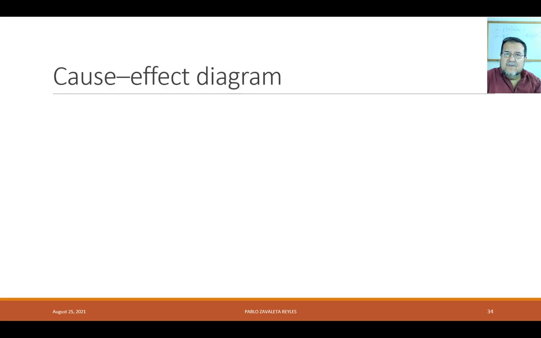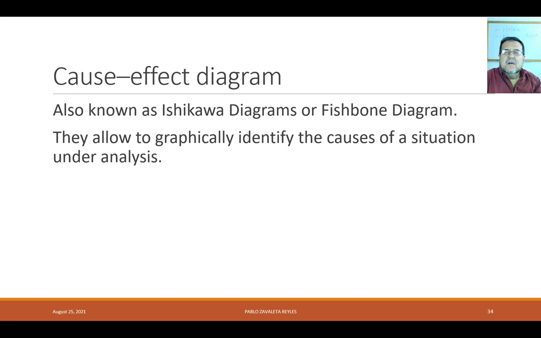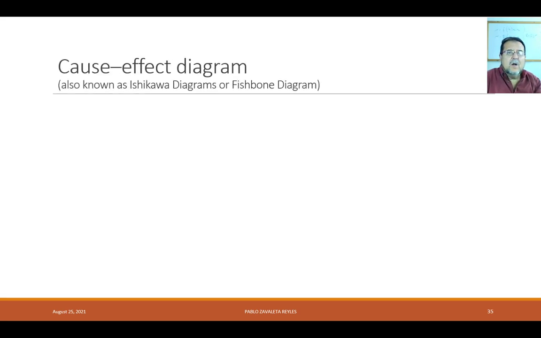Then we have the cause-effect diagram, also known as Ishikawa diagrams or Fishbone diagrams. They allow us to identify graphically the causes of a situation. Actually, it's the direct lineage for the results tree that we have seen when we were talking about operations programming. How do they work?